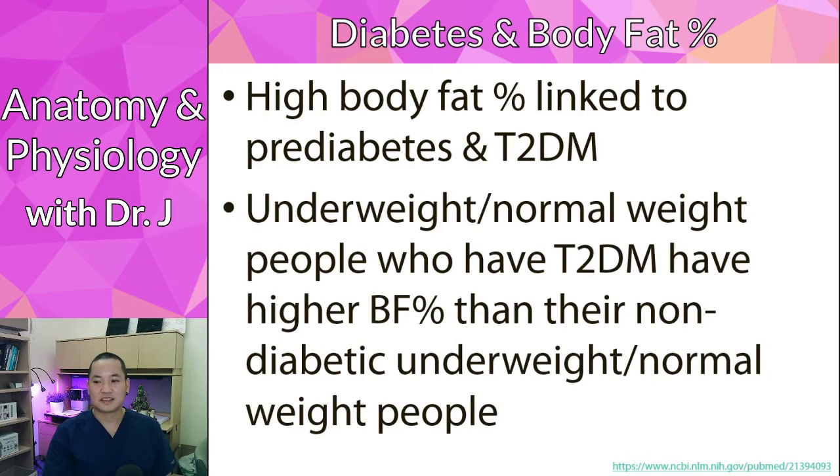And the interesting thing: if you have two people with the same BMI, and one has diabetes mellitus and the other doesn't, the person with diabetes mellitus, on average, has a higher body fat percentage than someone with the same weight and same height.